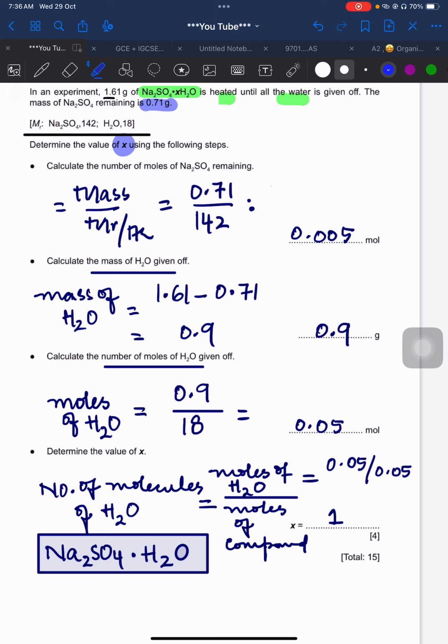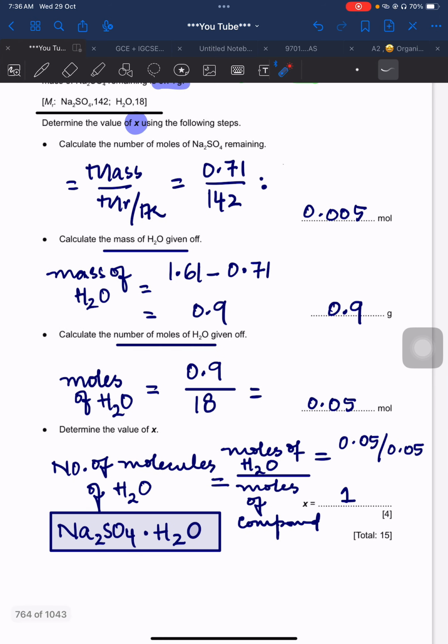Okay, calculate the number of moles of Na2SO4 remaining. Na2SO4 remaining is 0.71. Moles is equal to mass over Mr or Ar.